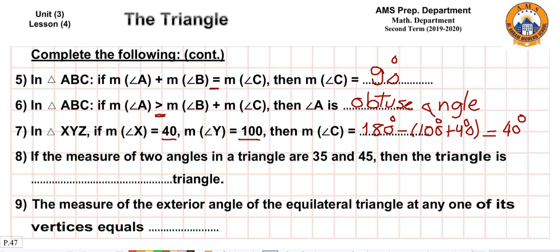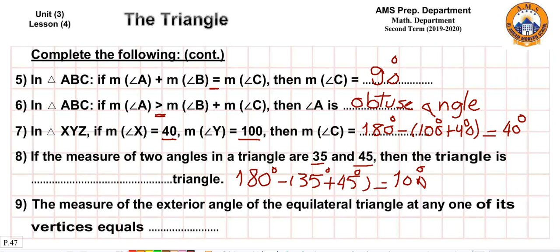If the measures of two angles in a triangle are 35 and 45, then the triangle is... you have to find first the third angle: 180 minus (35 plus 45). The third one equals 100 degrees.